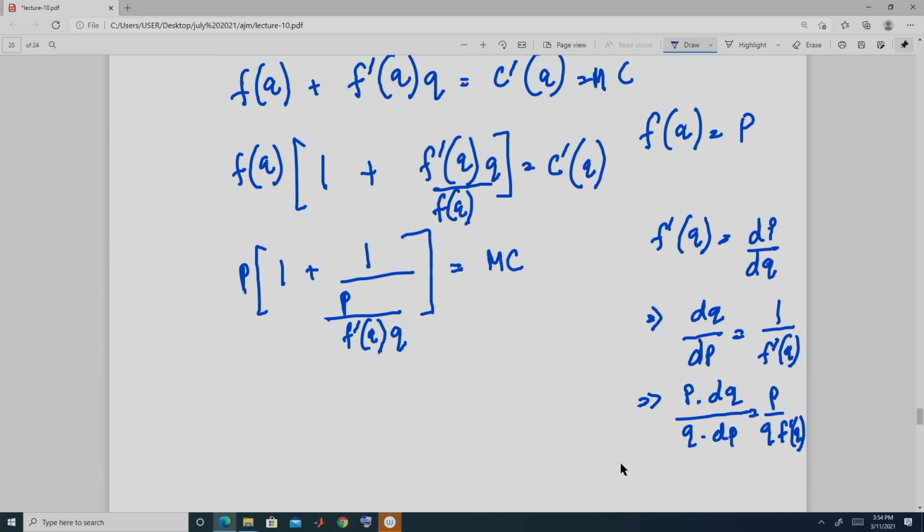This is the point elasticity, which we denote by big epsilon, capital epsilon.